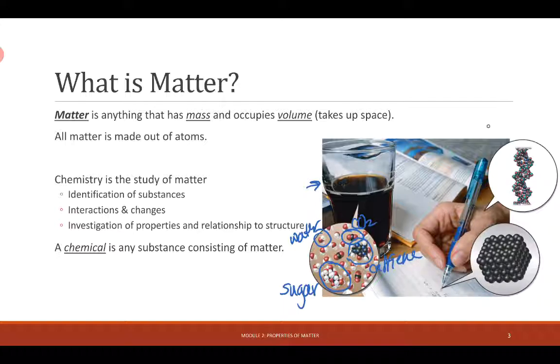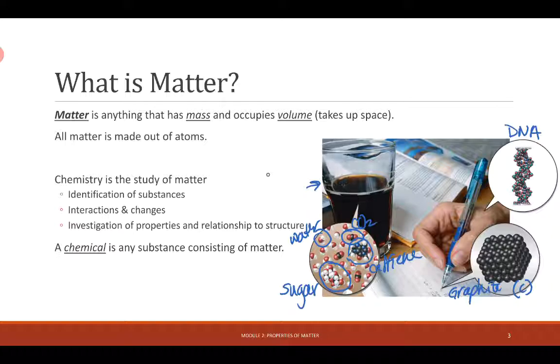Within your skin, you have DNA. DNA is a very large molecule. And then when you write with a pencil, this is graphite. Well, it's supposed to be graphite in the picture, which is just made out of carbon atoms. Everything you see in this picture, from the pencil to your body, to the paper, to the pencil lead, book, ink, glass, everything is matter.